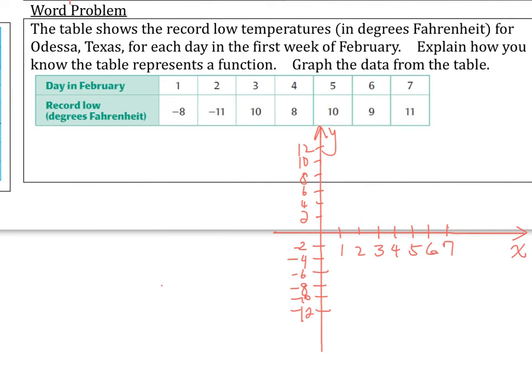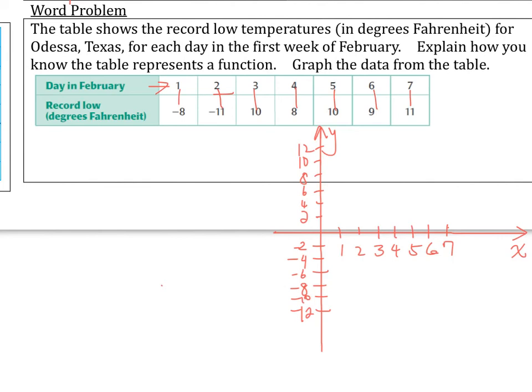The table shows the record low temperatures in degrees Fahrenheit for Odessa, Texas, for each day in the first week of February. Explain how you know the table represents a function. Well, if you look at the table here, for every input, there is exactly one output. So the inputs or the days in February, the values don't repeat.